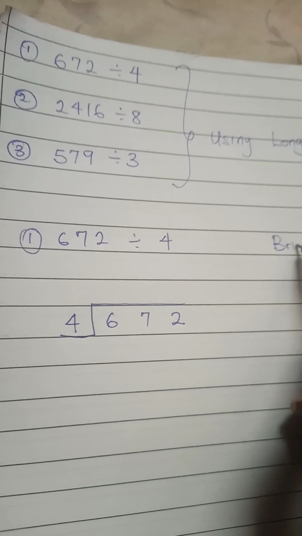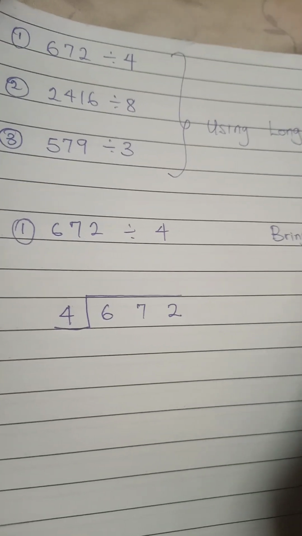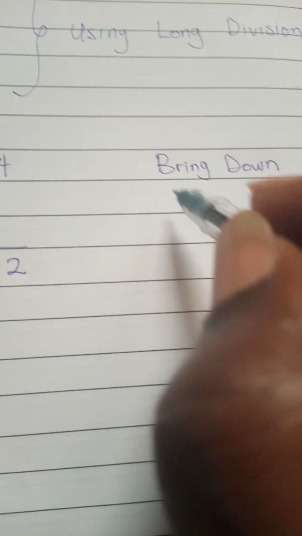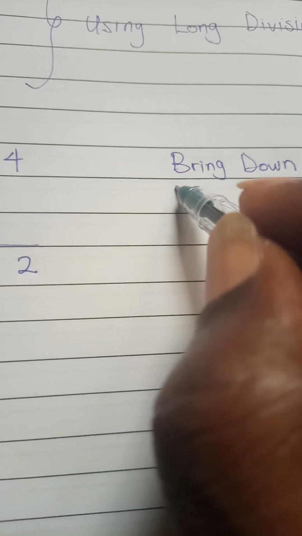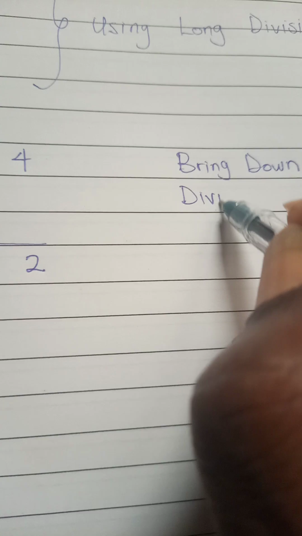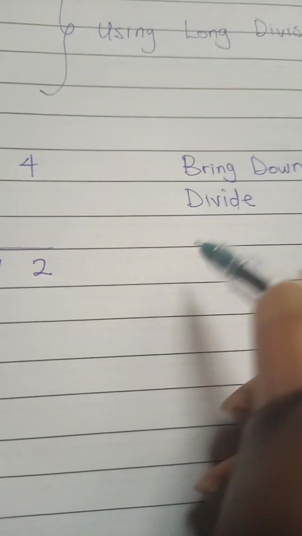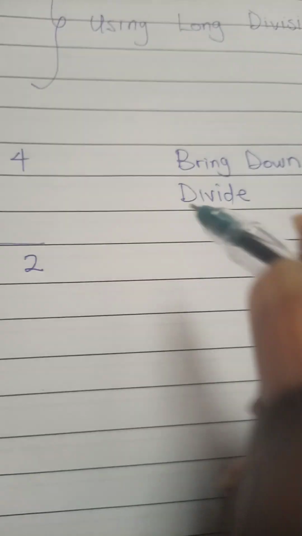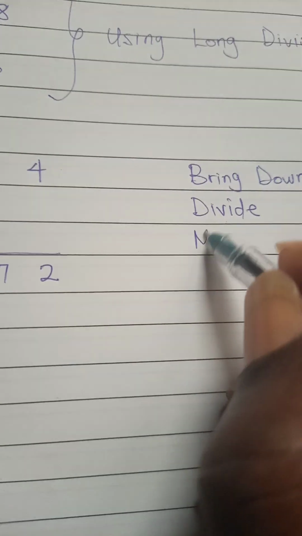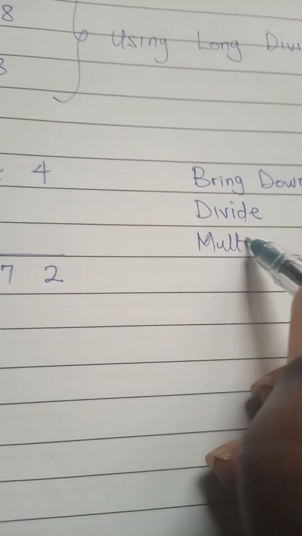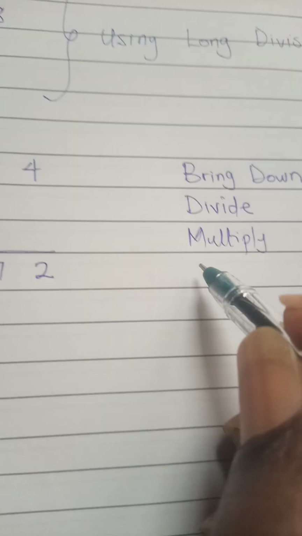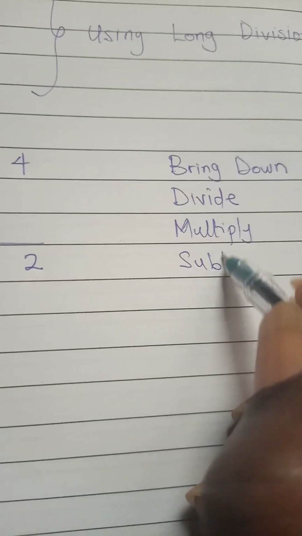Now, the method we want to use is bring down, divide, multiply, and the last one, subtract.